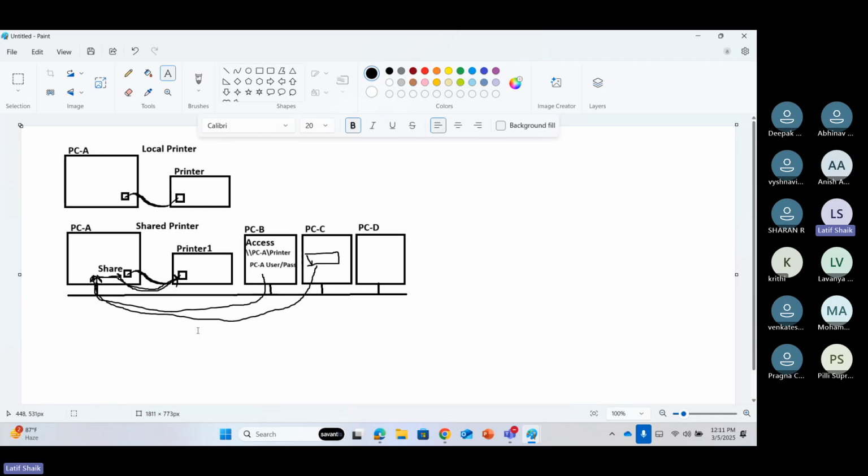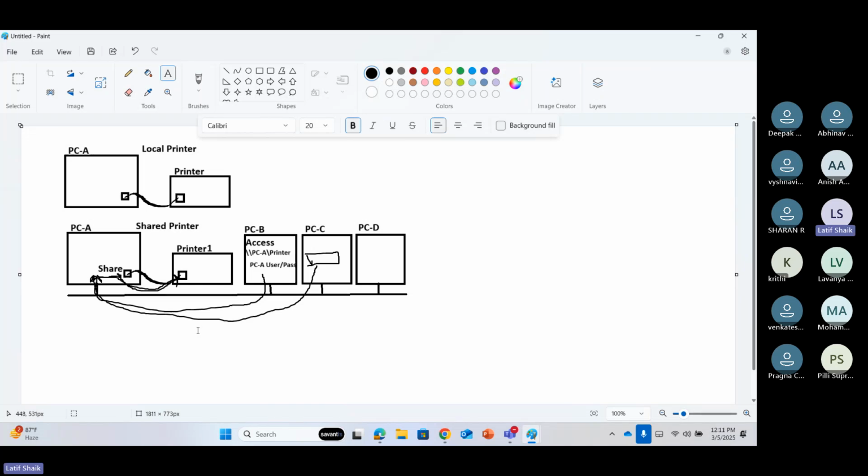Some people call this shared printer a network printer also. Why? Because you are able to access the printer through the network. But there is a little difference between a network printer and a shared printer. Both are accessed through the network only.